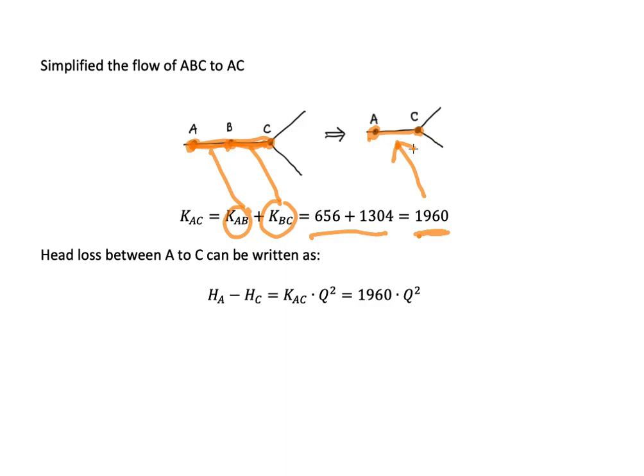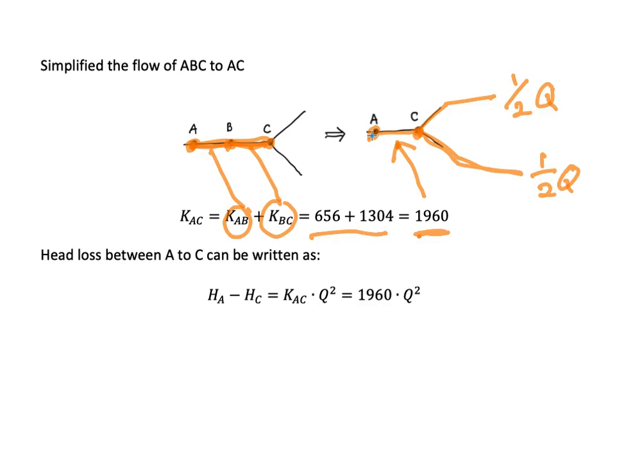And then the flow at point C will be split into two flows. So this is half Q and the other one is also half Q. From here we need to think a little bit creatively, which means we need to calculate separately.